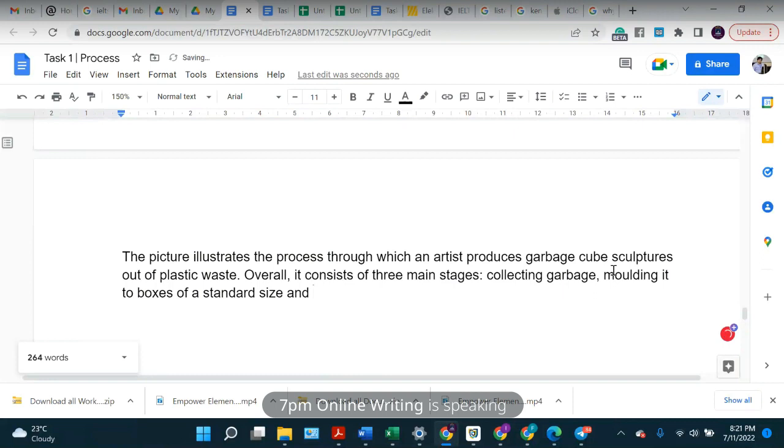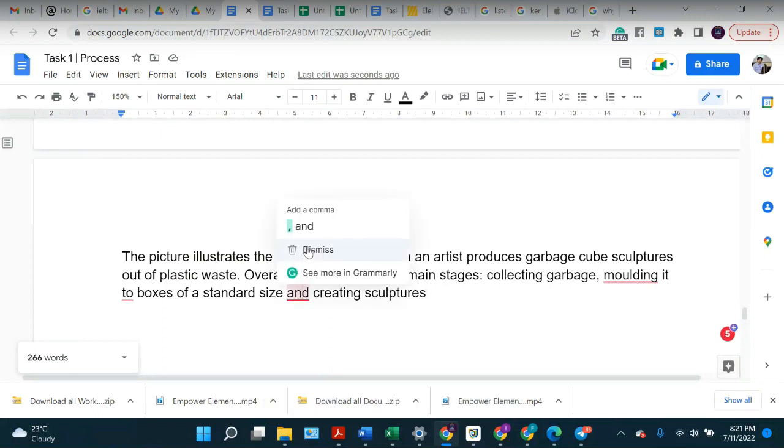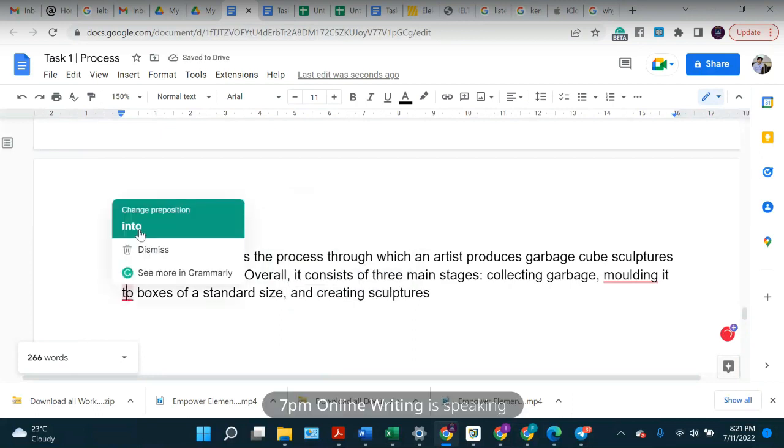And making or creating sculptures from those boxes. Okay.